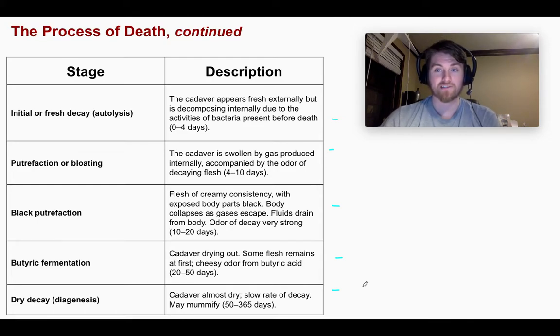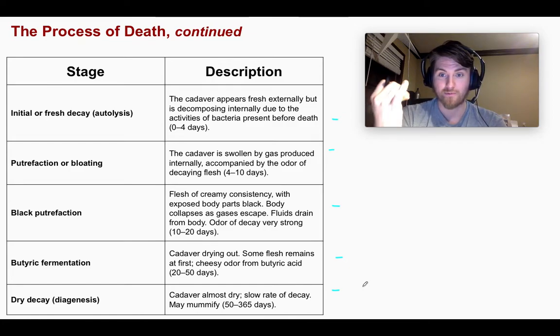So here's what I want you to do first. I want you to pause the video. Think about what stage you think these insects will really start to infest this body and tell us as much information as possible. Okay, so pause the video in 3, 2, 1.